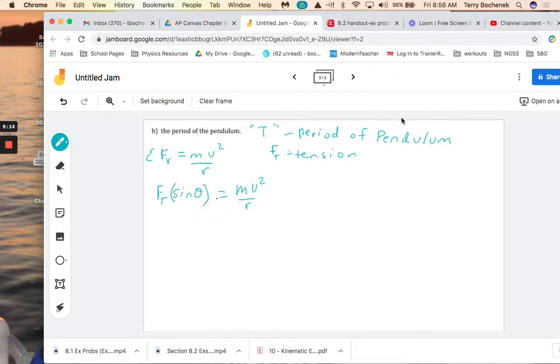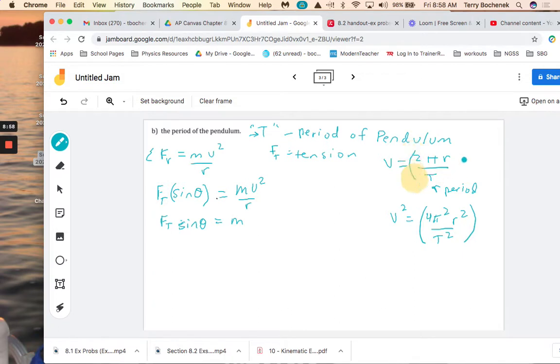Well, how do I introduce the t in there? Remember that the tangential velocity is 2 pi r over t, the time period. So Ft times sine theta equals mv squared. Oops, I need my v squared, so I need to back up a second and say then v squared is 4 pi squared r squared over t squared.